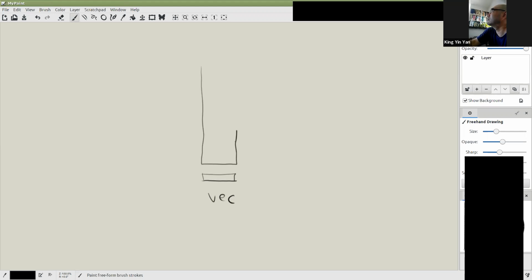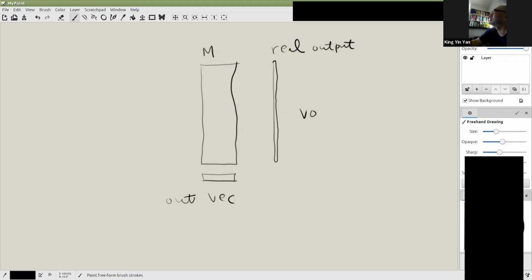This is a long, tall matrix, and then it gives the output. This is a conversion matrix. So this is the output vector, and this is actually the real output. It's the probability distribution over the vocabulary.